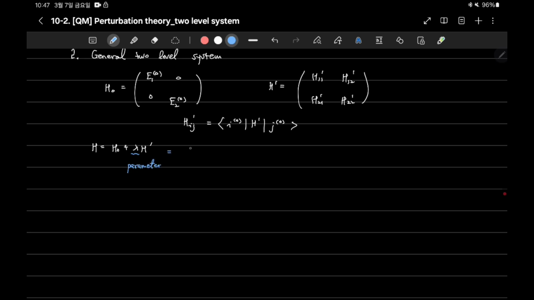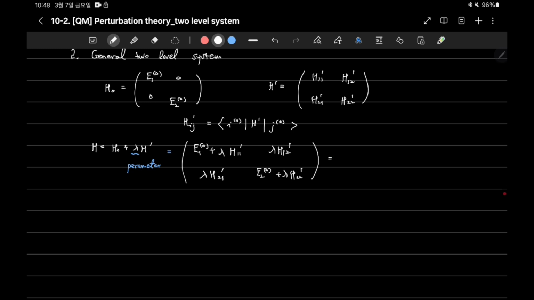So the general Hamiltonian is E10 plus lambda H11 prime, E20 plus lambda H22 prime, and lambda H12 prime, lambda H21 prime.